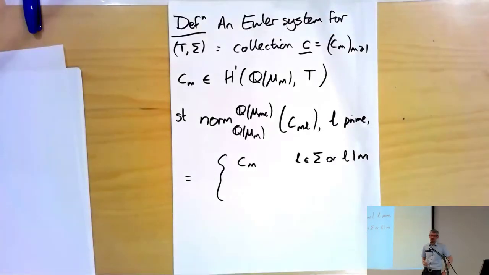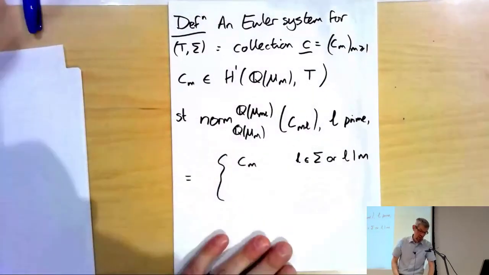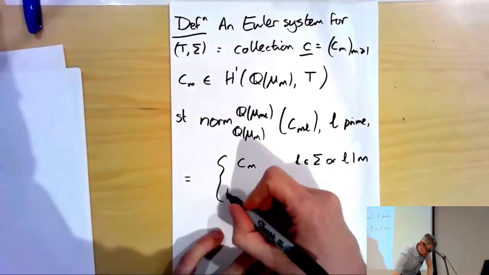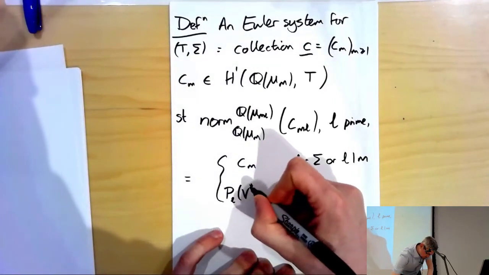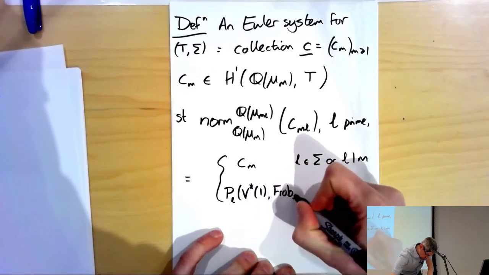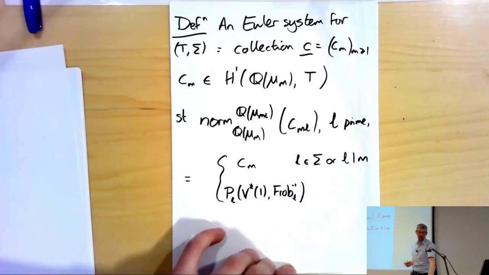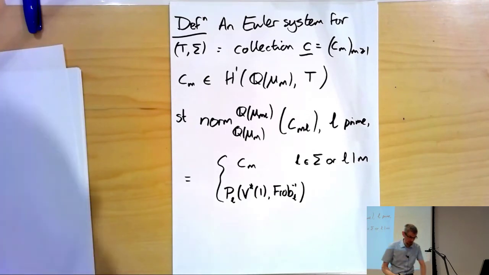But in the cases where I'm adding a new prime and it's a good prime, so l isn't in sigma and l doesn't divide m, you have the Euler factor, but not of V, of V* (1), with the Frobenius element in the finite group that acts on this cohomology.